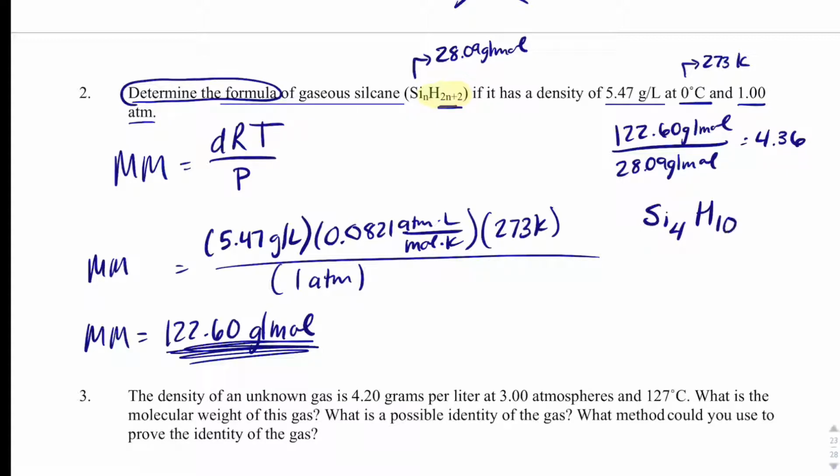So Si4H10, and let's check if this works out. This molar mass, when I plug it into my periodic table, is 122.46 grams per mole, and that's within the range, we can say, so that looks good.